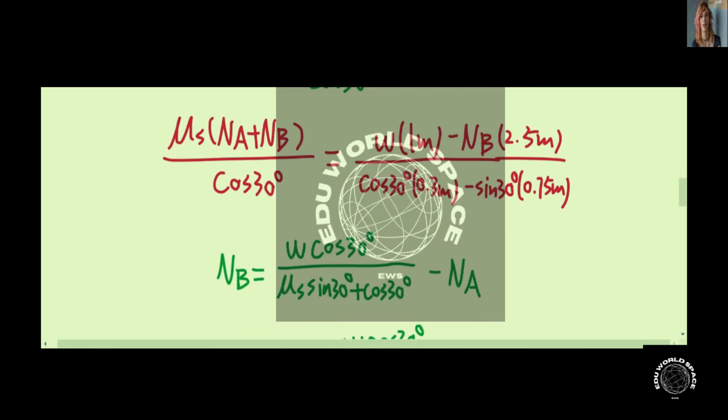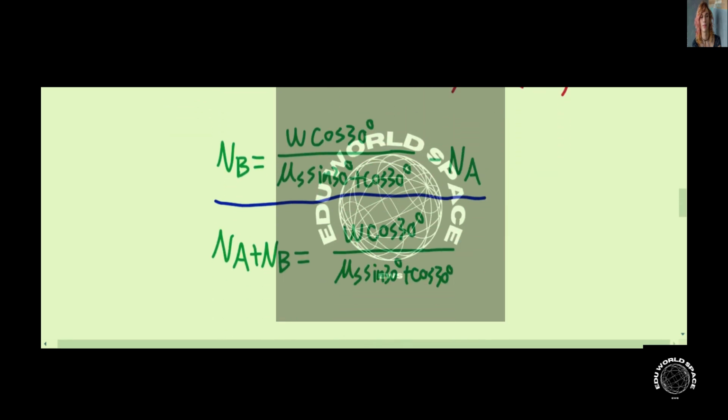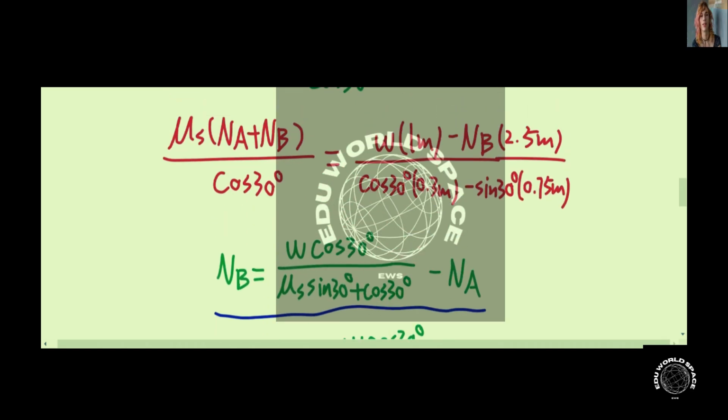Now remember, Nb is equal to such an equation here. So we have Na plus Nb equal to W cosine 30 degrees over (mu S sine 30 degrees plus cosine 30 degrees). Now we can substitute this for Na plus Nb.